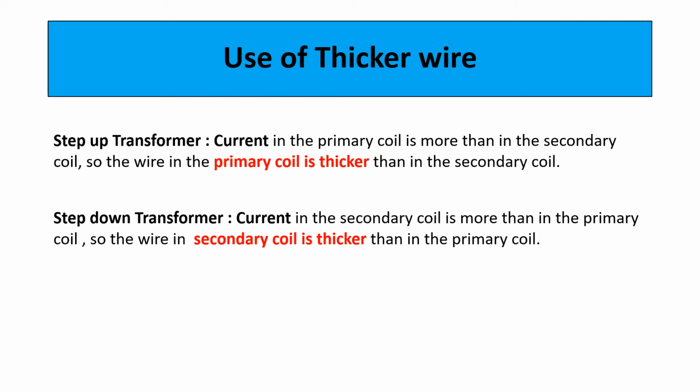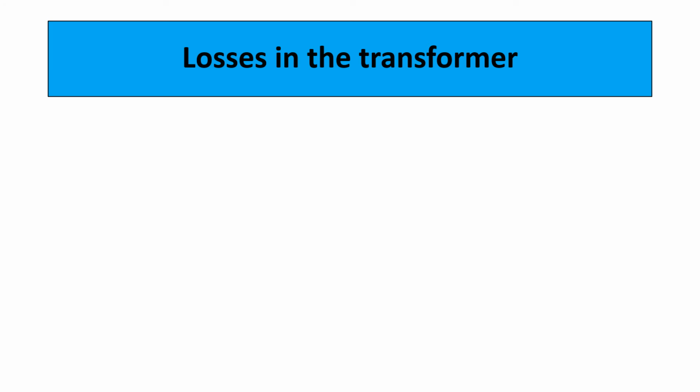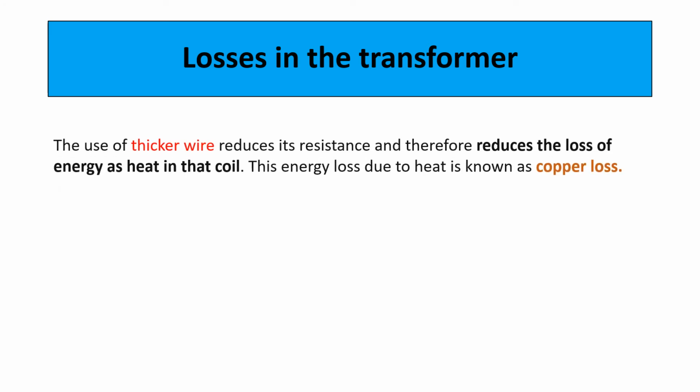Why do you use a thicker coil when the current is more? The use of thicker wire reduces its resistance. For a transformer, there are various losses, such as iron loss, copper loss, hysteresis loss, eddy current loss, etc. Basically, there are two kinds of losses, copper loss and iron loss.